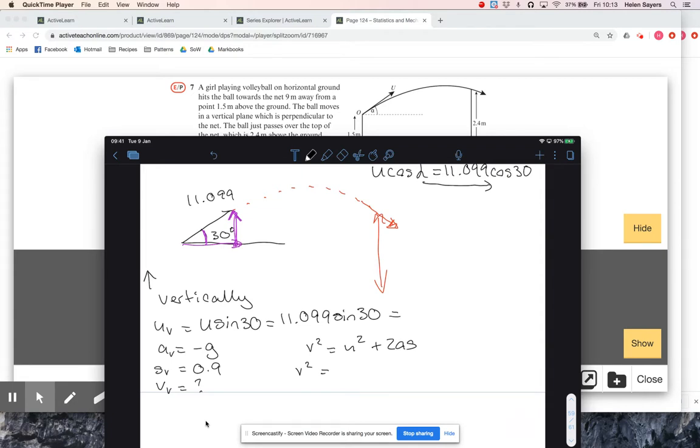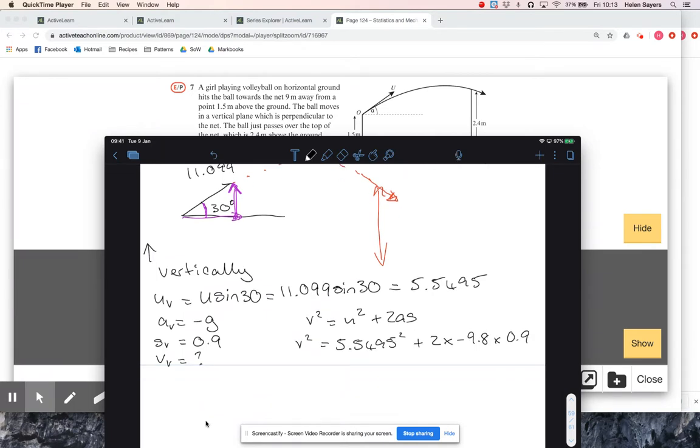Okay, so I get that to be 5.495. So v squared is 5.495 squared plus 2 times minus g, so minus 9.8 times s, which is 0.9.